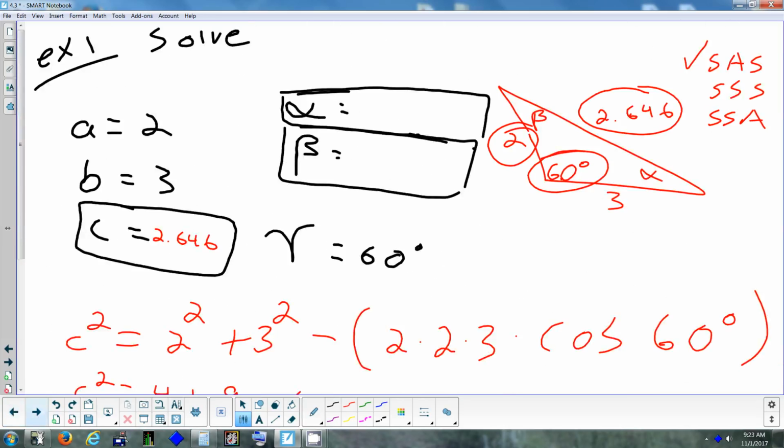Now, if we were to look at this as a side, side angle problem, what law would we use? We would use the law of sines. But I'm not going to do it that way. Does anyone know why I want to avoid using the law of sines here? Especially for side, side angle. Well, what happens with the side, side angle case? You could have the two solution, the one solution.